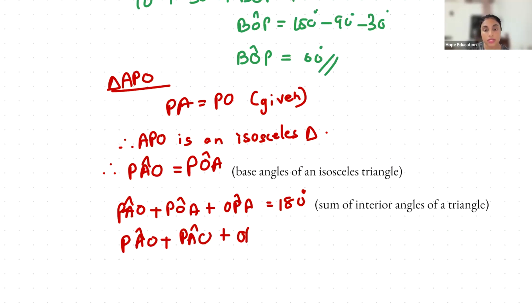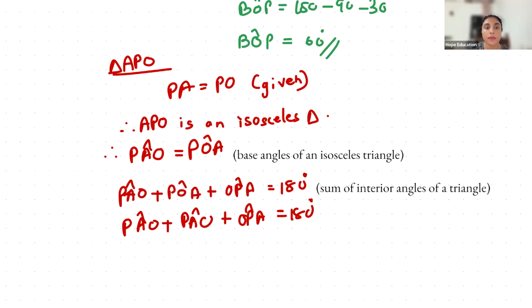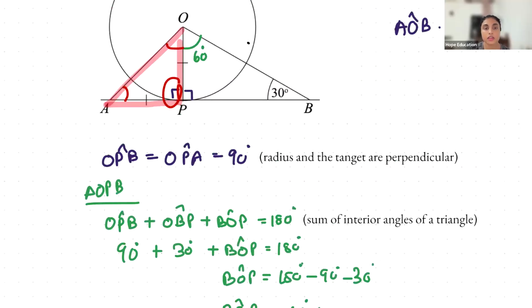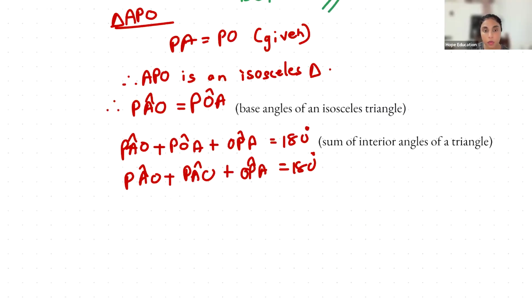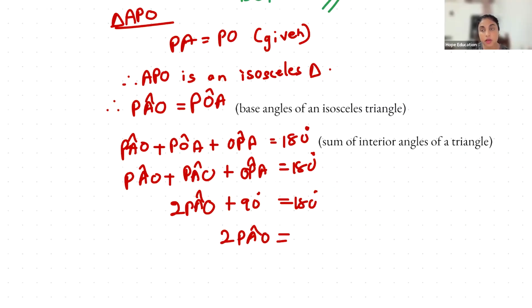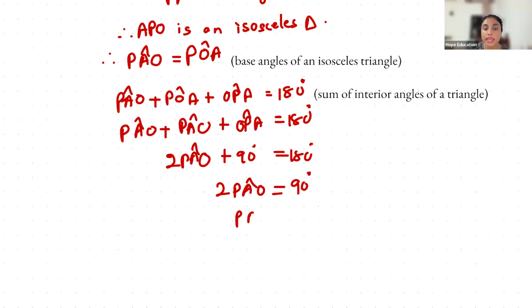Plus OPA equals 180. We know OPA is 90, so instead of OPA I write 90. Now PAO plus PAO is 2 PAO, plus 90 equals 180. Then 2 PAO equals 180 minus 90, which is 90. Dividing both sides by 2, PAO will be equal to 45 degrees.